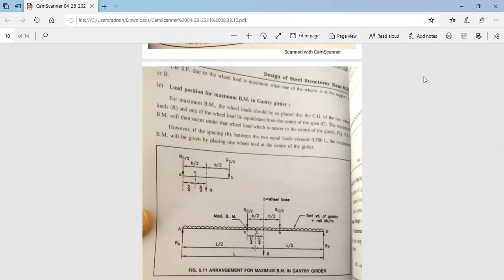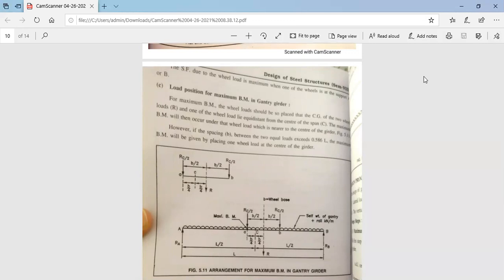For maximum bending moment, the wheel load should be placed such that the center of span is midway between the CG of the two-wheel load, known as R, and one of the wheel loads. So the maximum bending moment will occur under the wheel load which is nearer to the center of the girder.